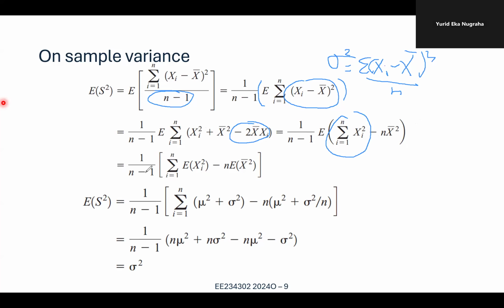So now we have 1 over n minus 1 times the sum of the expected value of xi square minus n times the expected value of x bar square.